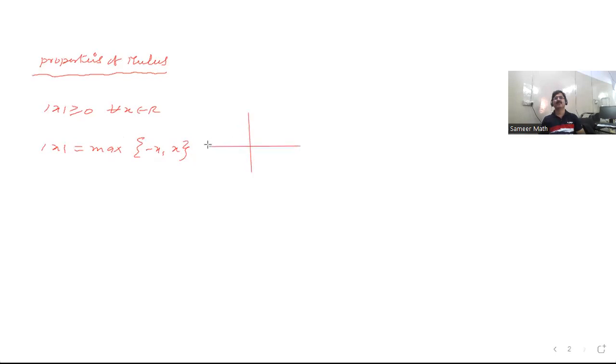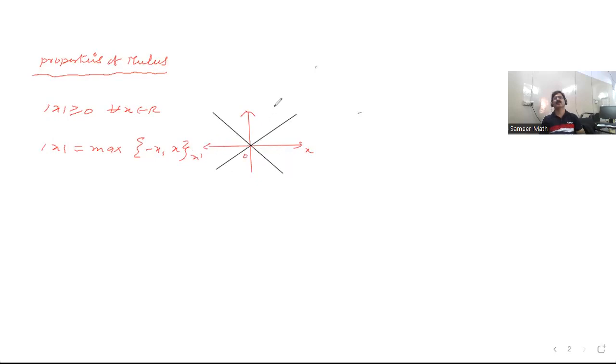You need not worry. This is the x and y axis. I'll change the color. Here, this is the x axis, this is the y axis, and this is the origin.